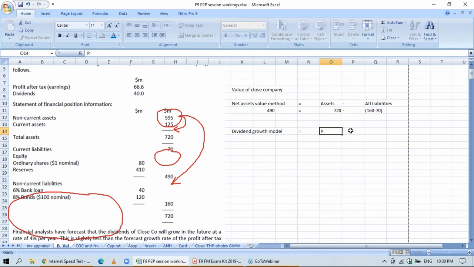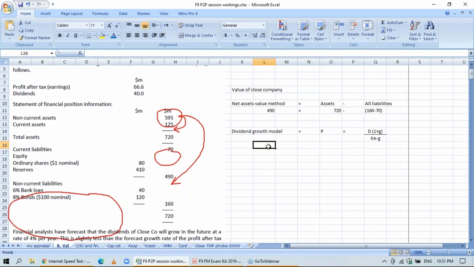I am shuffling the variables which were used to calculate the cost of equity, and this will now become the dividend now, times 1 plus growth rate, divided by cost of equity minus growth rate.